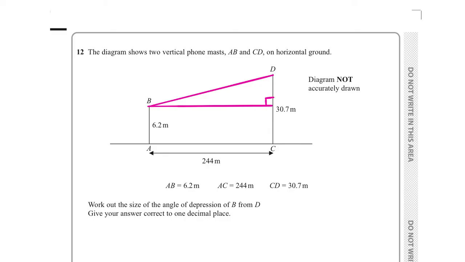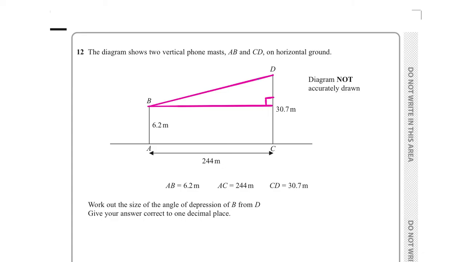Okay, so we want the angle of depression from D to B. Okay? So with this one, it doesn't matter which angle you work out first, as long as we know what angle we need. However, if we're going from D, which angle do you think is the best one to probably work out? It's the one there. For me, when I say angle of depression, let's work out this angle here using trigonometry.